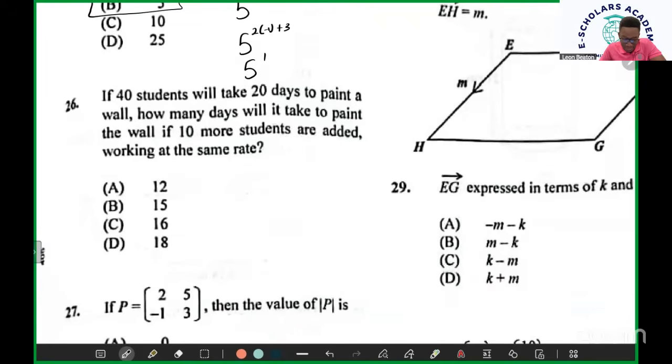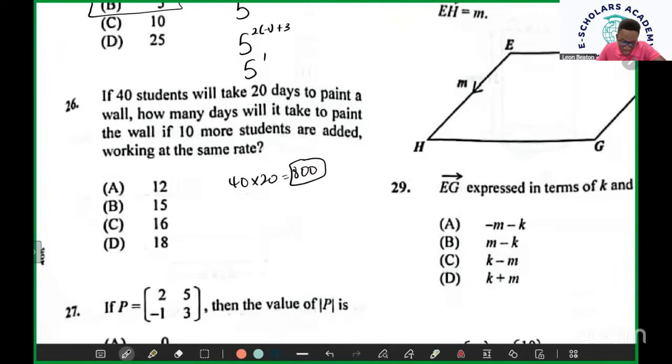All right. So 40 students take 20 days to paint the wall. So 40 times 20 is 800. I want to attach a figure to this here.